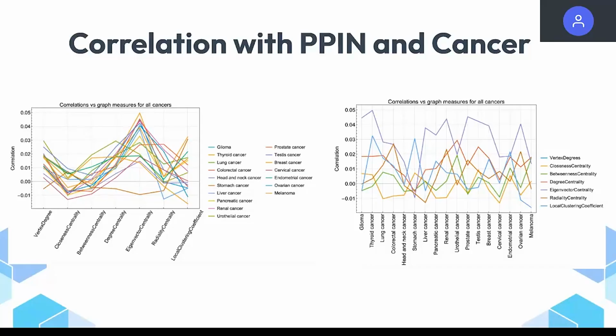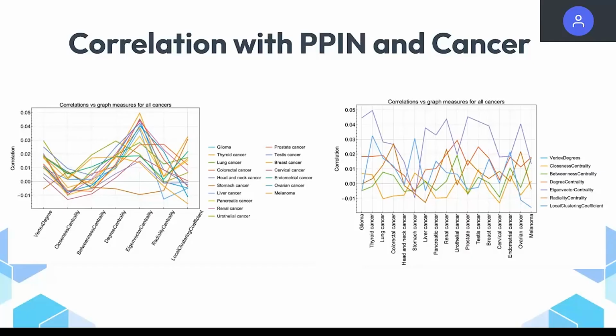Across the cancers, eigenvector centrality showed the strongest correlation with p-value. This suggests that proteins connected to other highly influential proteins have a greater effect on cancer outcomes. Many cancers followed similar trends, though some outliers, such as stomach cancer, were observed. Reversing the correlation direction confirmed these patterns.